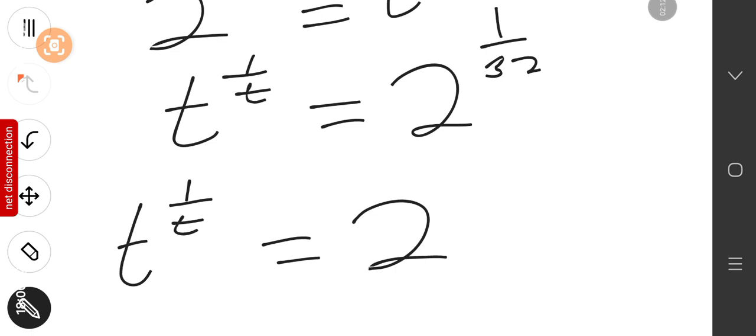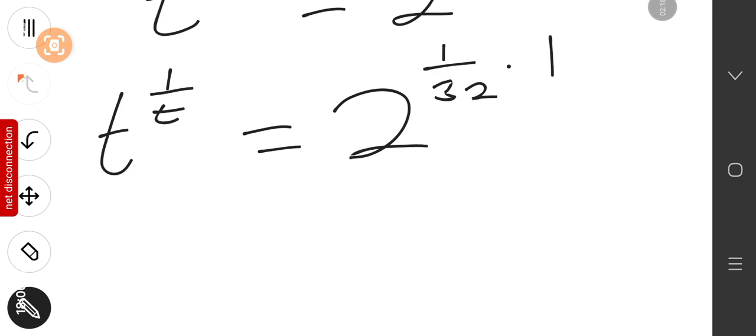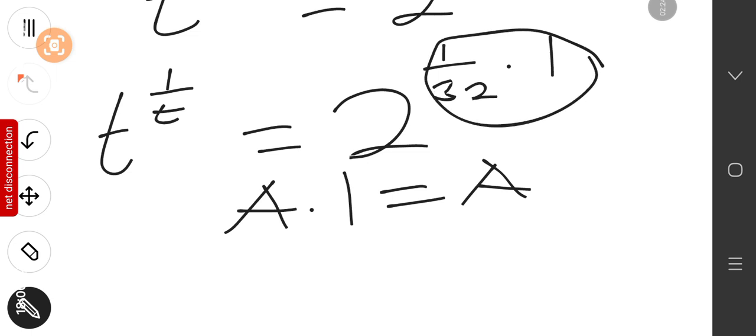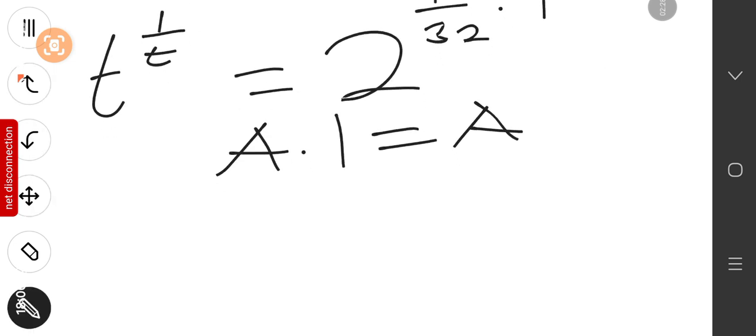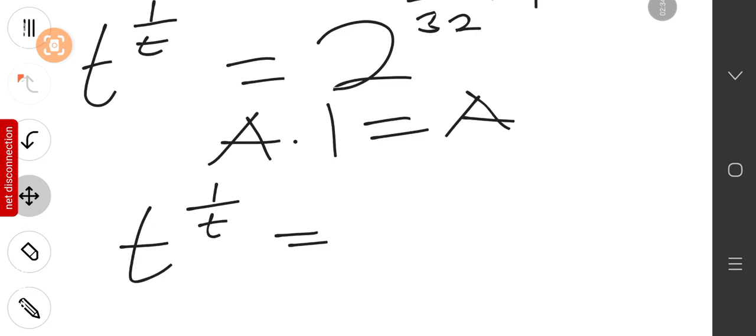Now this means that a times 1 will give you a. So this is the concept we applied here. All right, now let's continue.